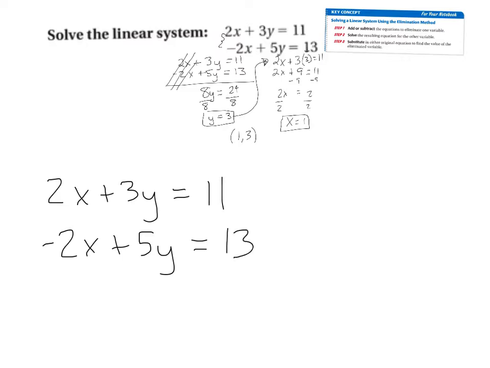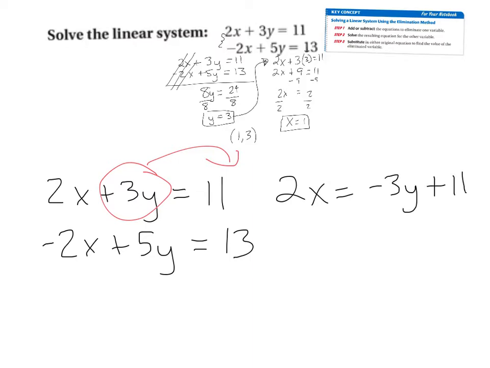If you move this to the other side, you have 2x equals negative 3y plus 11. Do you see? All we've done is taken this 3y and put it on the other side. And now you have this statement, 2x equals negative 3y plus 11, and this one remains unchanged.